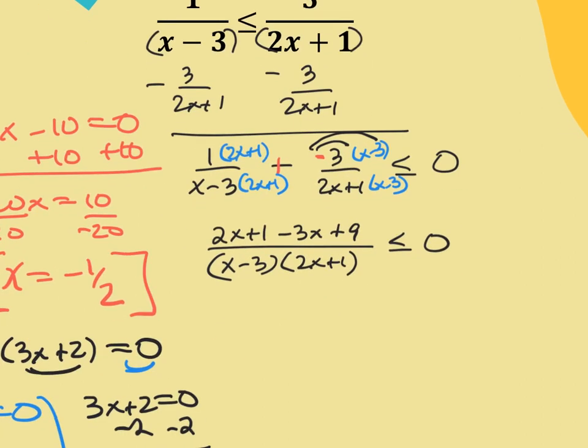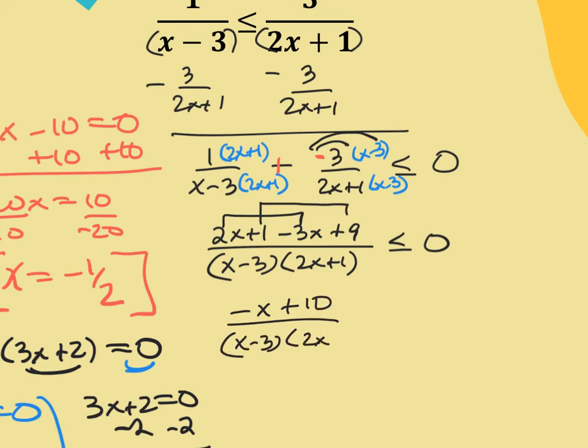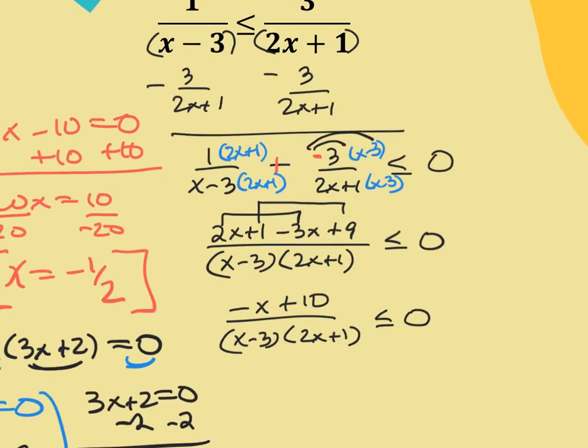I now need to combine my like terms in my numerator. So 2x minus 3x is negative x, and then 1 plus 9 is 10. I now have it simplified to a single fraction. I set my numerator equal to 0 and my denominator.